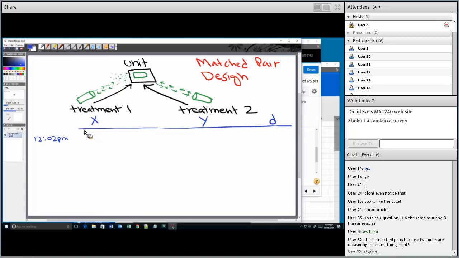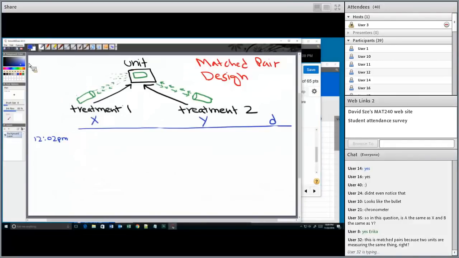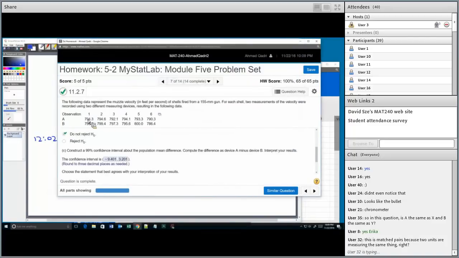So for example, let's take a look at the data. The first data says 794.3 for A and B. So now they're not using X and Y, they're using A and B. So I'm going to use A and B, okay? So A says the first measurement is 794.3.